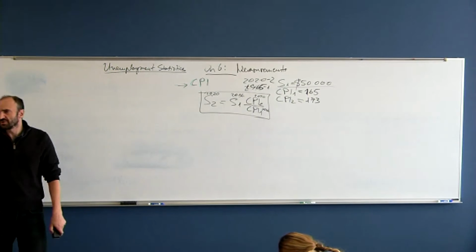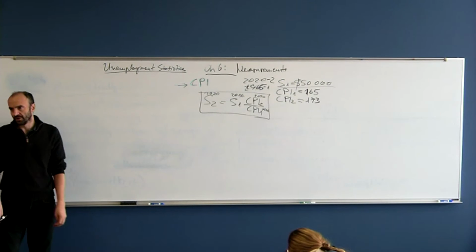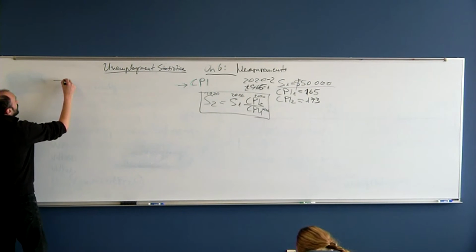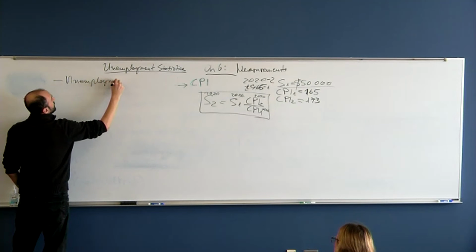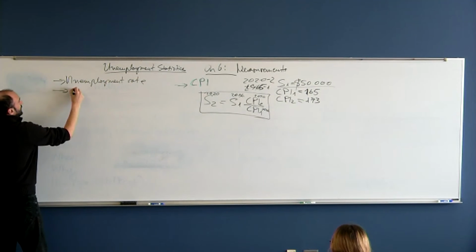So what is the most widely used statistical measure of unemployment that we read about every day? What is it called? Is it just the unemployment rate? Yeah, the unemployment rate. That's the most important one. There are others as well. There's also the employment rate.